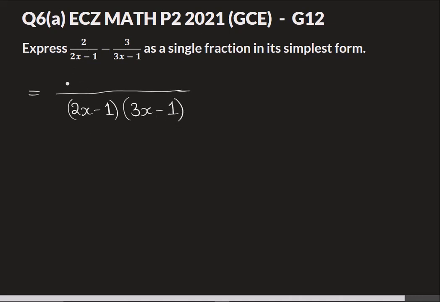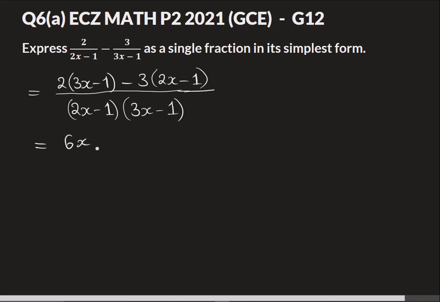Then we get this numerator 2 multiplied by the denominator of the other fraction, 3x minus 1. We don't forget our sign, 3 multiplied by 2x minus 1. We simplify the numerator. Simplifying here will give us 2 multiplied by 3x, which is 6x.